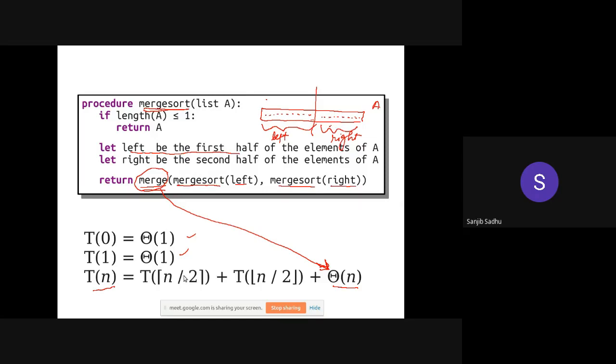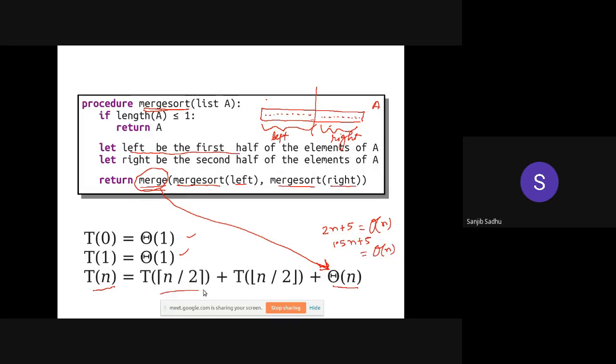But please remember, in time complexity notation you are finding the order of time complexity, not the exact number of comparisons. If the result is say 2n plus 5, then it is also big O of n.